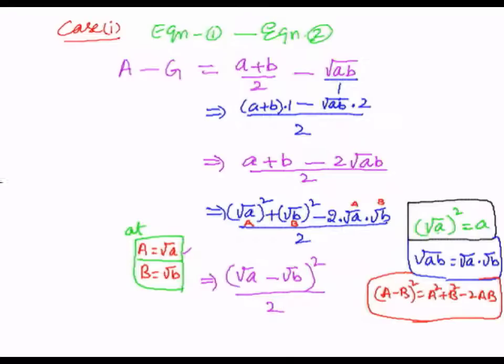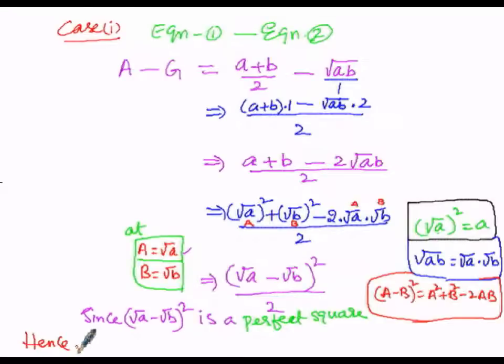So in the numerator there is a perfect square. The bracket whole square is a perfect square. Since root A minus root B whole square is a perfect square, hence the left hand side, that is A minus G, since it is a perfect square, its value will always be greater than or at least equal to 0.